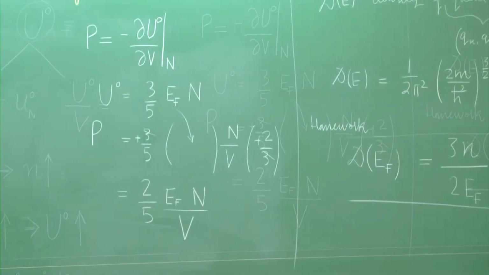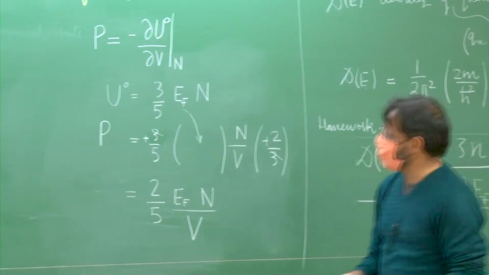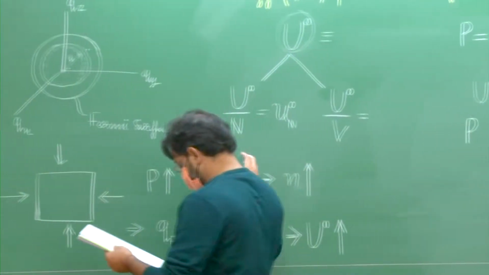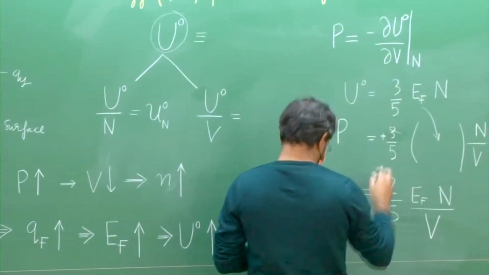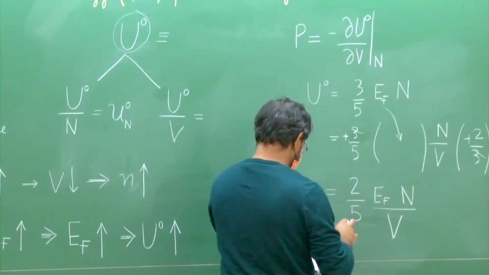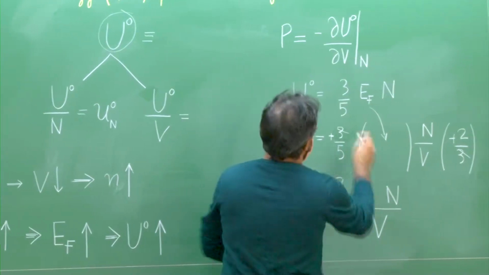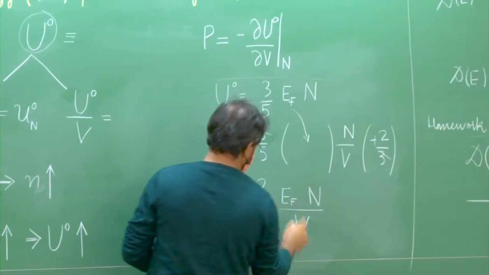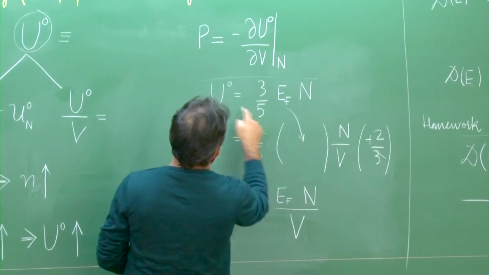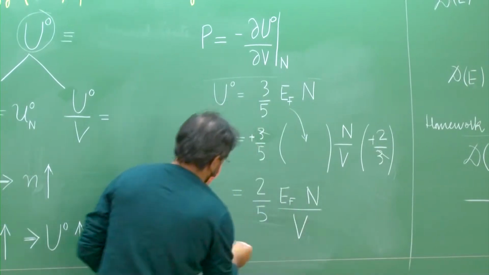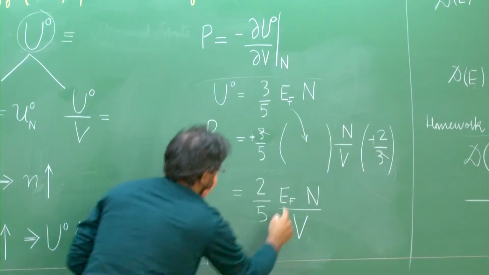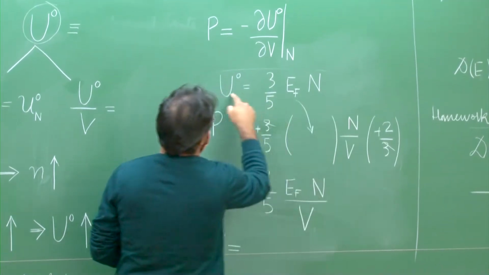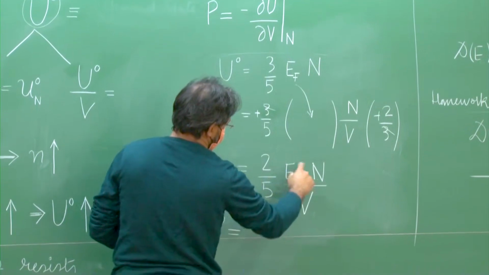I'll make use of this formula, which I derived somewhere here. Yes, I can rewrite this. So EF n can be written as 5 u naught by 3. With this little readjustment, you will get pressure in terms of EF naught n, which can be replaced by 5 u naught by 3.